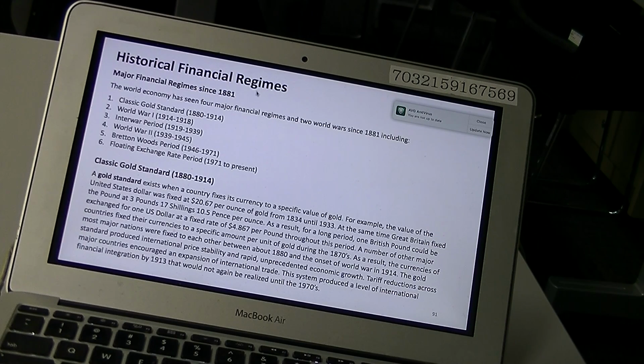So that creates a fixed exchange regime. All of the countries that are fixed to gold are all linked together. All of their currencies are linked, so they can trade between each other at a fixed exchange rate. That's a very important thing to remember.